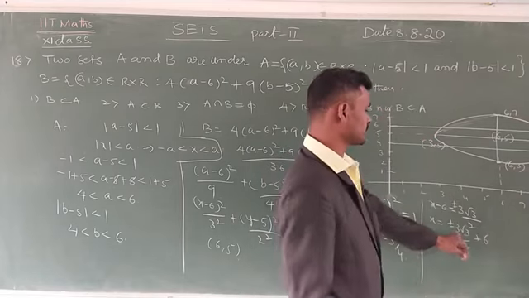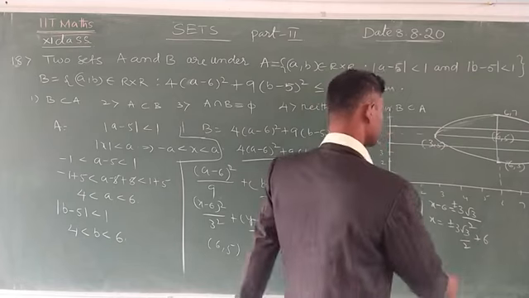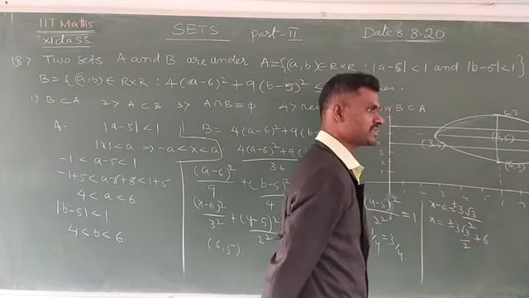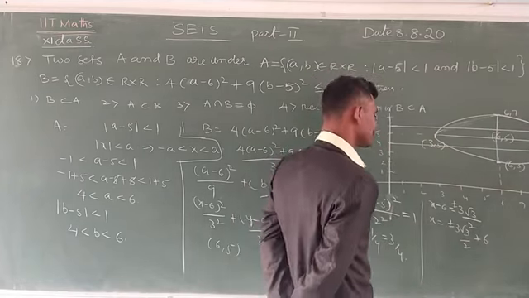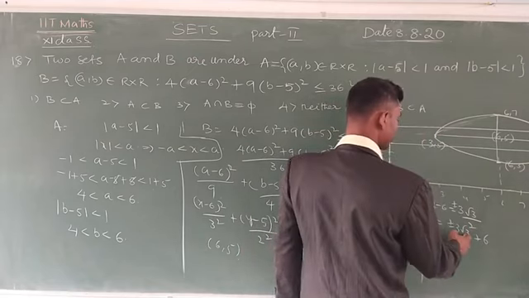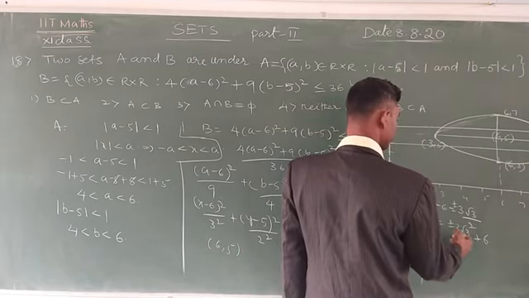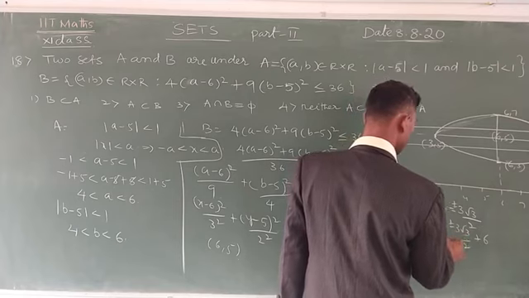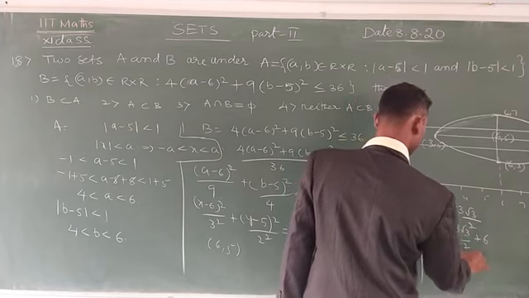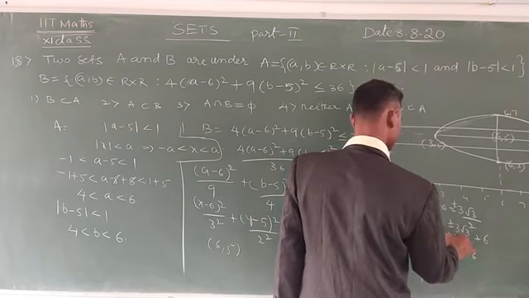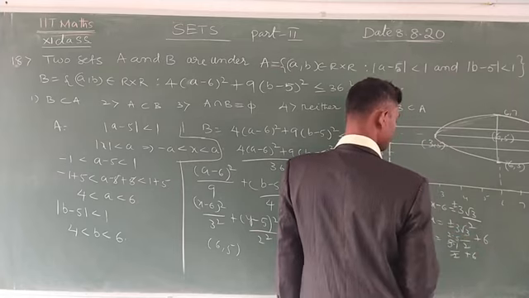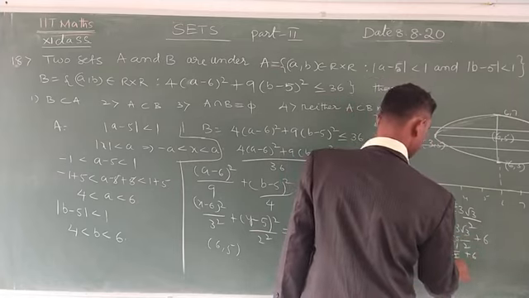Take once plus and another time minus, with the root 3 value approximately 1.732, approximately 1.7. 17 3s are 51, so 5.1 by 2 plus 6. Here 2 1s are 2, 2 2s are 4, 2 5s are 10, approximately 7.5.